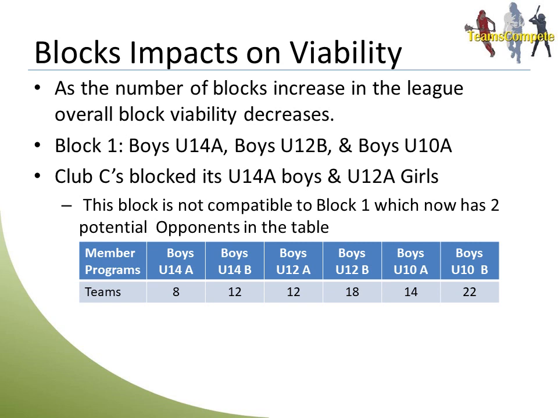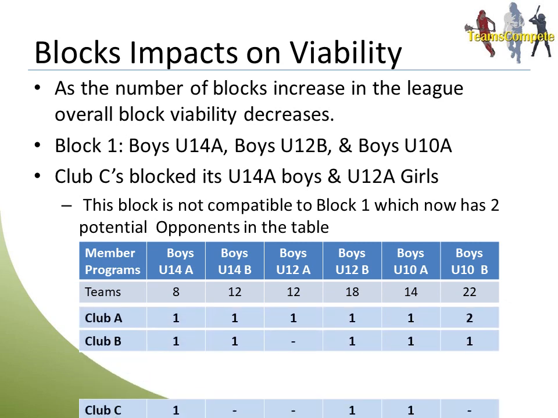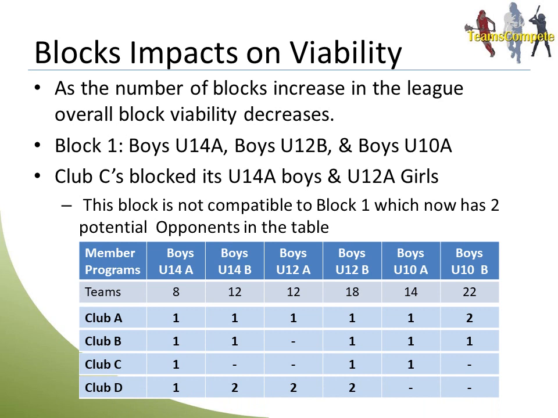This block is not compatible to our blocks of teams, and therefore, while Club C has all of the teams that align to our block, they don't have a set of teams capable of matching our blocks in the division. This has the impact of reducing the number of compatible blocks by 1 from the previous example.